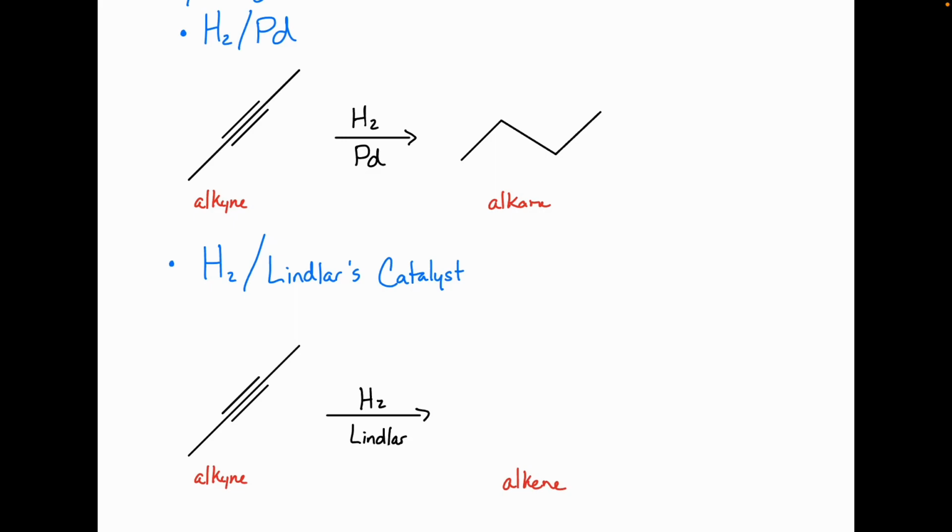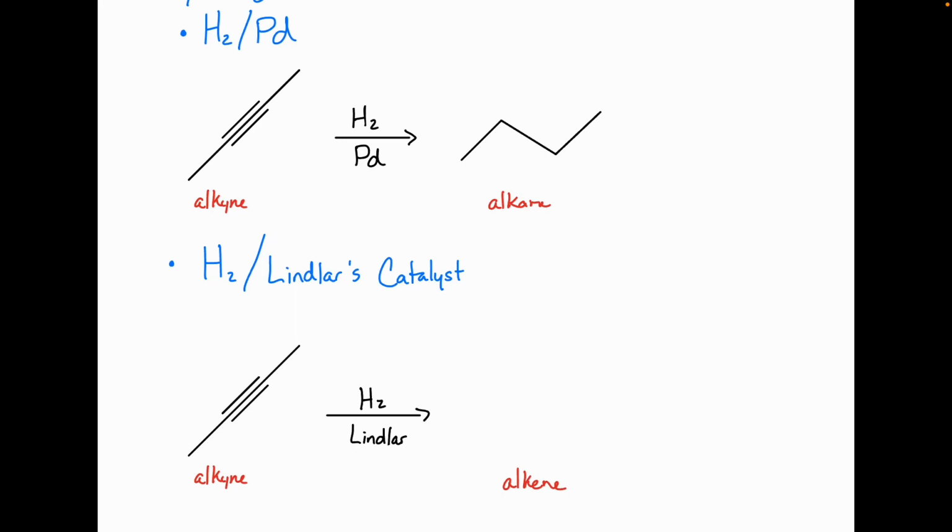Again, Lindlar's catalyst is very similar to a palladium catalyst in that it's a surface catalyst. So let's remember what happens. We have this surface. Our hydrogen gas comes and binds to that surface. And then that triple bond comes, and those hydrogens are going to get added. Are those hydrogens going to get added to the same side of that triple bond or opposite sides?